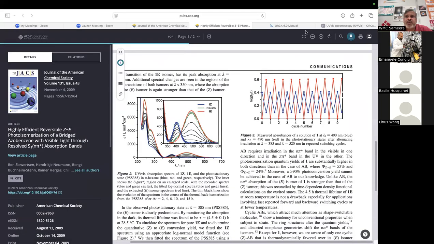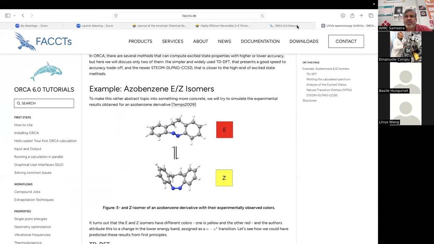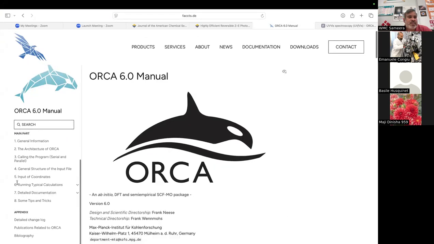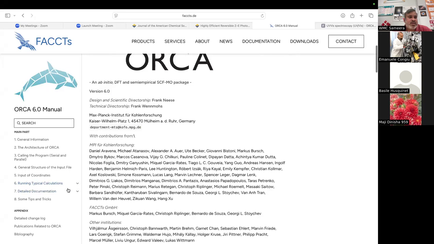I can propose some methods. So let's check the density functionals.